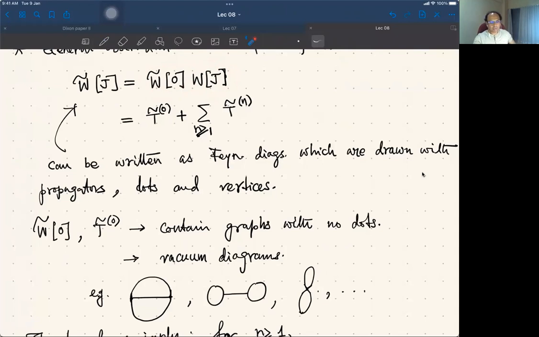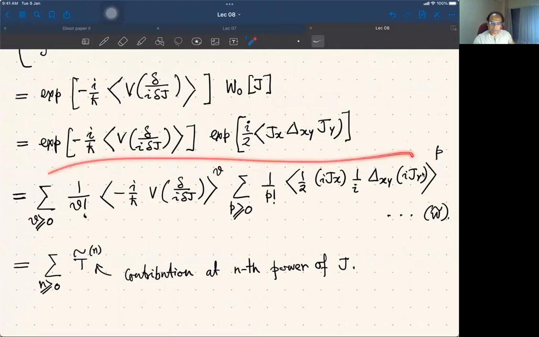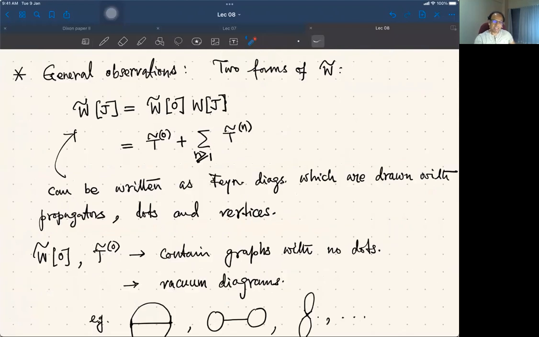But you can study this expression more carefully and convince yourself, and we will do that in detail in a particular example, that both within the vacuum and non-vacuum sector separately, there will be disconnected diagrams. So this contains connected and disconnected vacuum diagrams. This will contain connected and disconnected diagrams with dots, with J's.